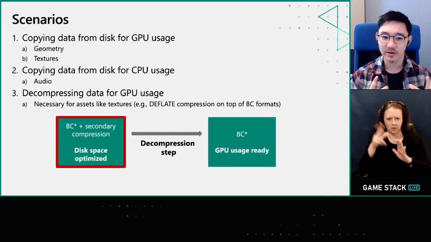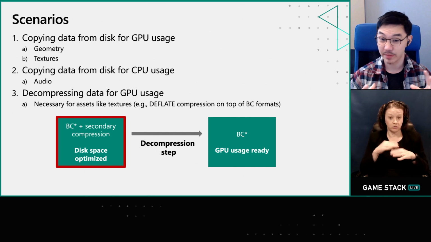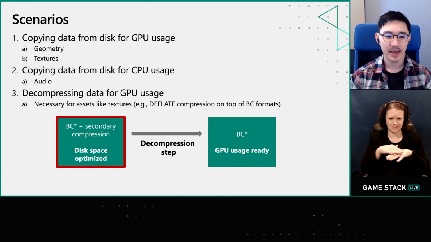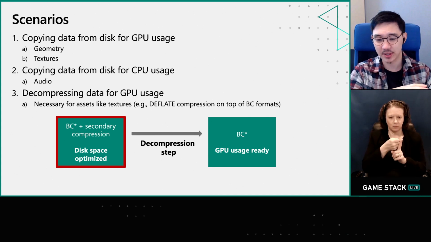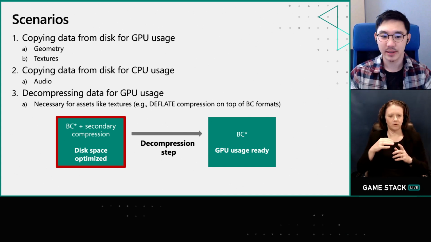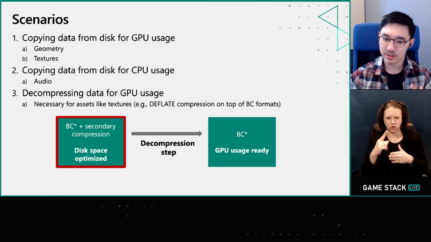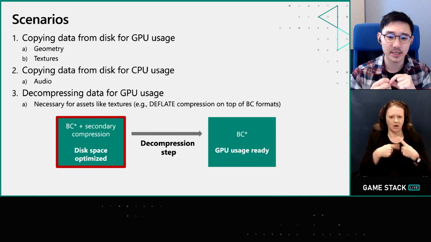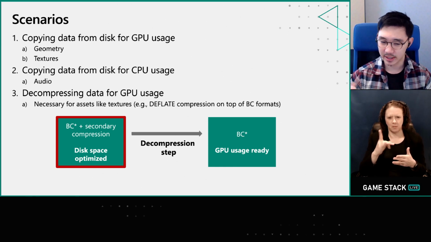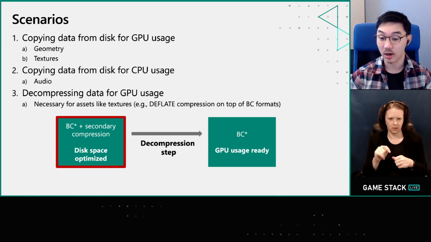The last one, this is very, very important for textures in particular, because textures make up a large part of your data set. And so we have to consider the situation where you have to decompress those textures to something that is GPU usage ready. And we're not talking about BC compression here. There's block compression, but then there's a secondary wrapper of compression around that typically that textures have. An example would be deflate-based compression on top of the BC format.